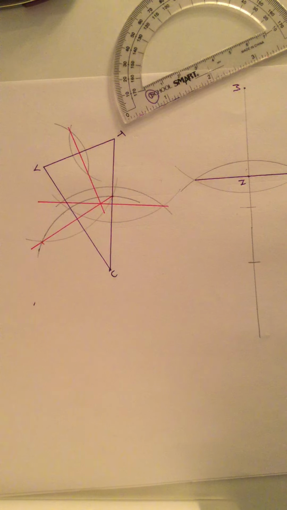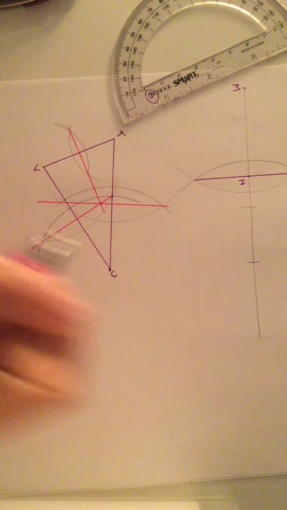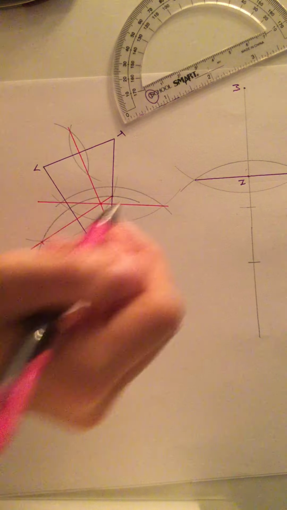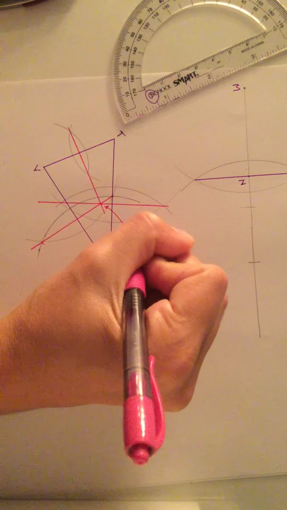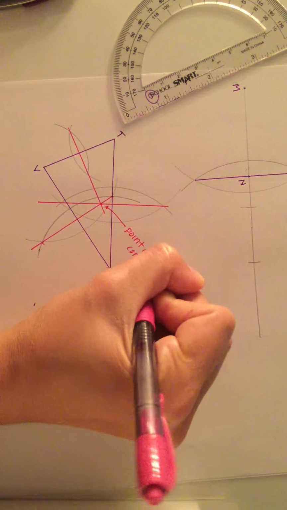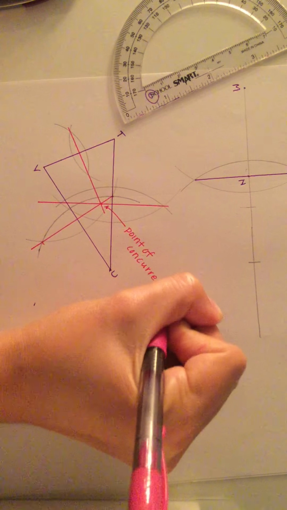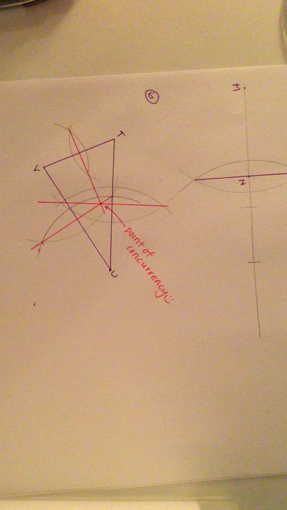And there we have our three perpendicular bisectors, and it says, what do you notice? We want to notice that they are all concurrent. They intersect at one point. We call that the point of concurrency. All right, so that's number 6.